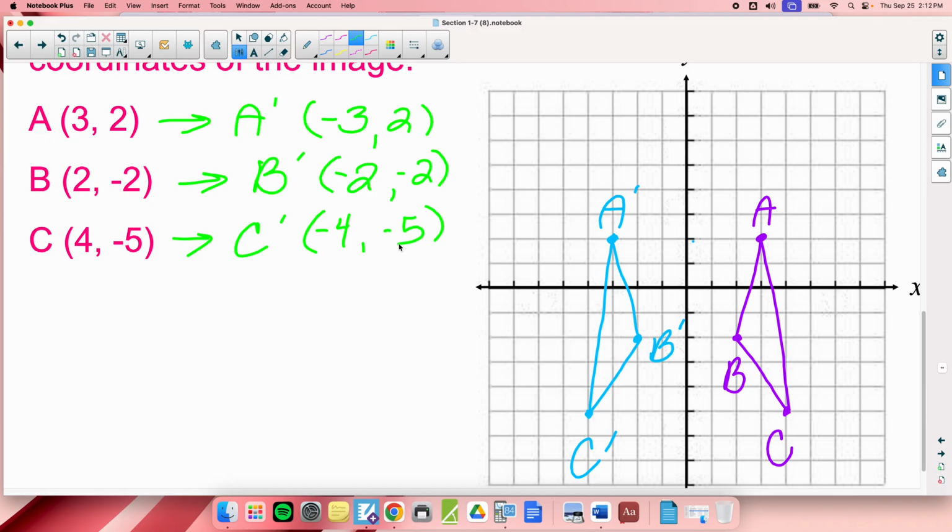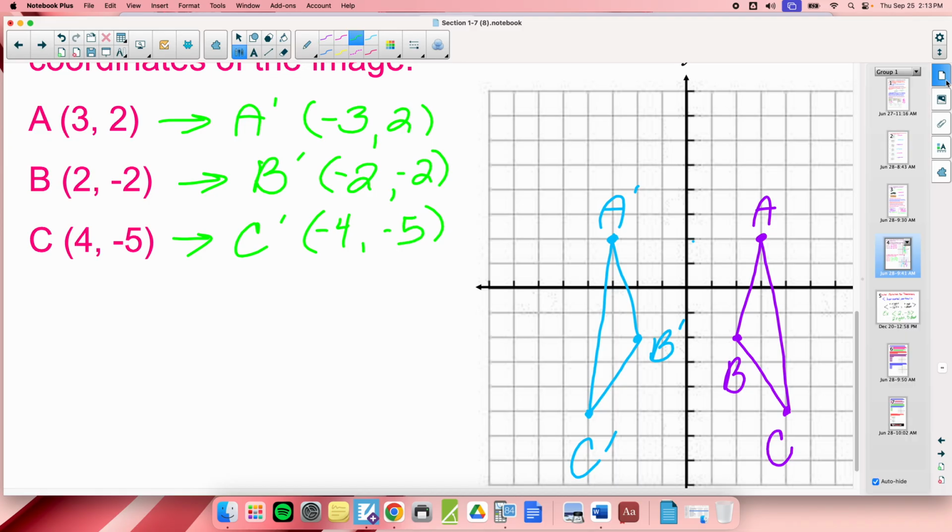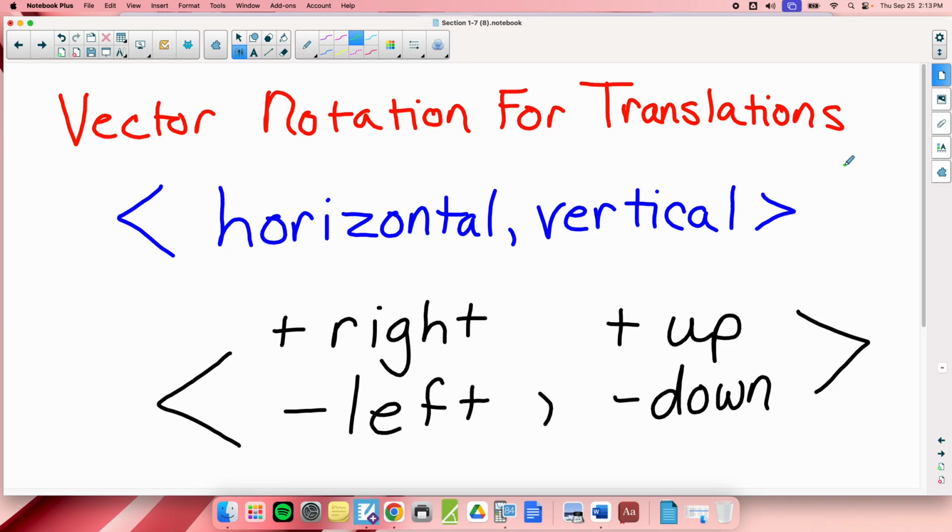Okay, now I'm gonna have you write one more thing down on your cheat sheet, which is this. So I'll give you a second to copy that. Okay?